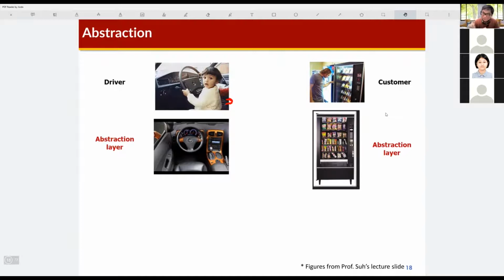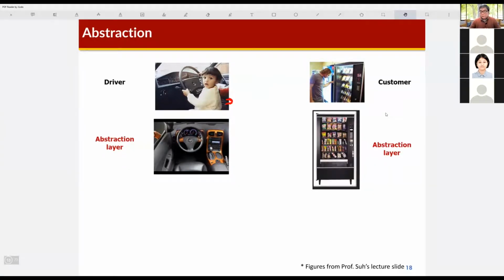Abstraction means that if it's an upper layer, like customers or drivers, and upper layer people do not need to know about this complicated or complex lower layer, then these complicated systems or mechanisms of the lower layer are hidden to the upper layer people or some upper layer systems.